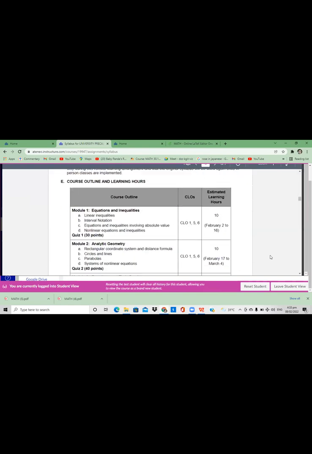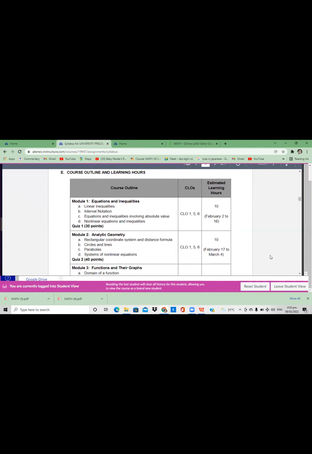So mapansin natin sa syllabus natin, after module 1, meron tayong dapat quiz. Okay, 30 points. Medyo dinelay ko yung tawag dito, quiz 1, nakalagay doon Feb 15. So ano yon?